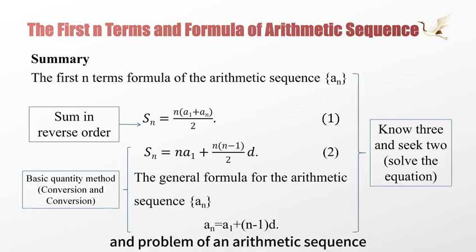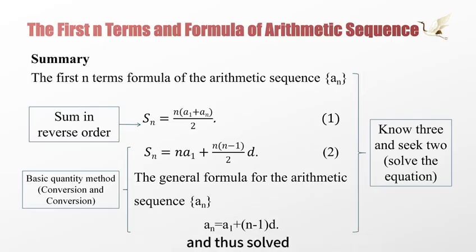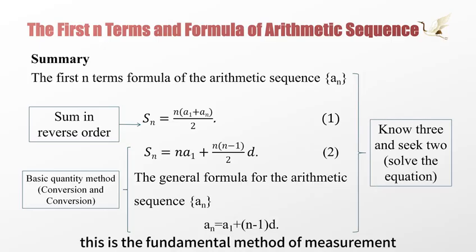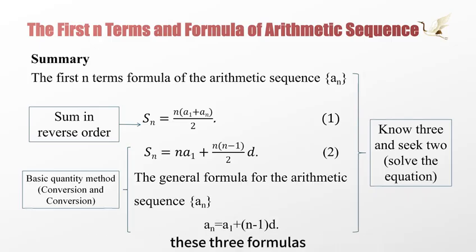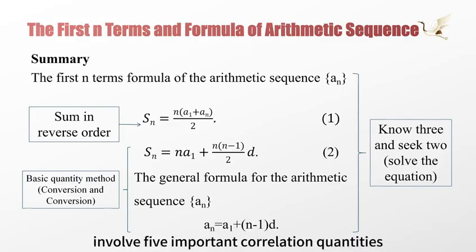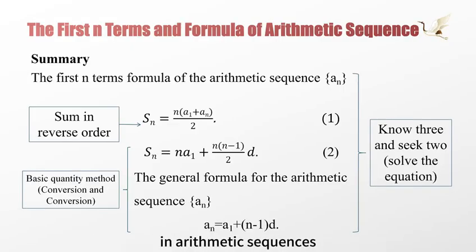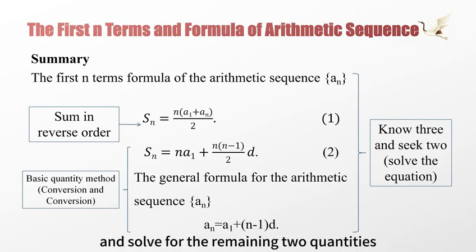Any condition and problem of an arithmetic sequence can be transformed into a relationship between the first term and the common difference, and thus solved. This is the fundamental quantities method, which embodies the idea of transformation. These three formulas involve five important quantities in arithmetic sequences. By using two independent formulas, we can take any three quantities and solve for the remaining two. This reflects the idea of equations.